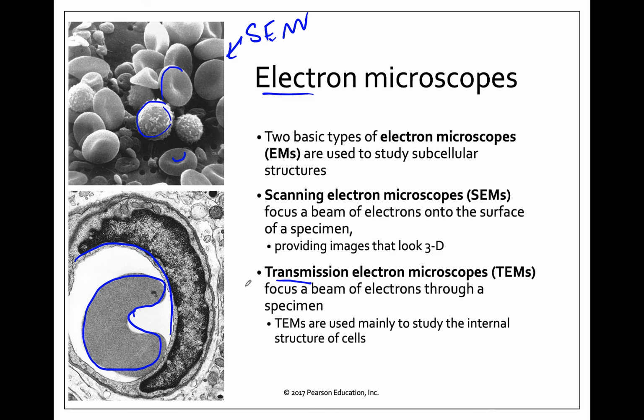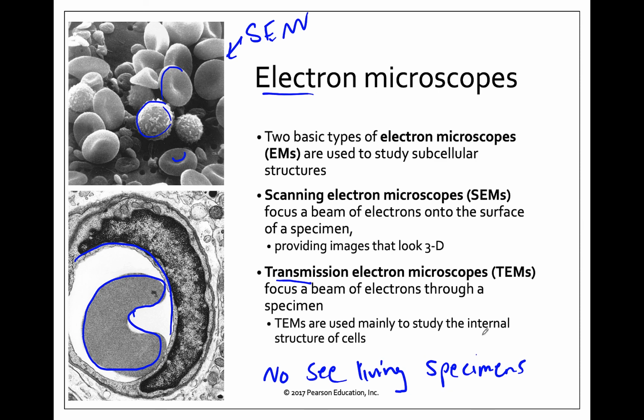The problem with these types of microscopy is that the preparation of the specimens damages the specimens. So you cannot see living specimens. If I want to study red blood cells that are alive and watch them actually moving, I need to use light microscopes.